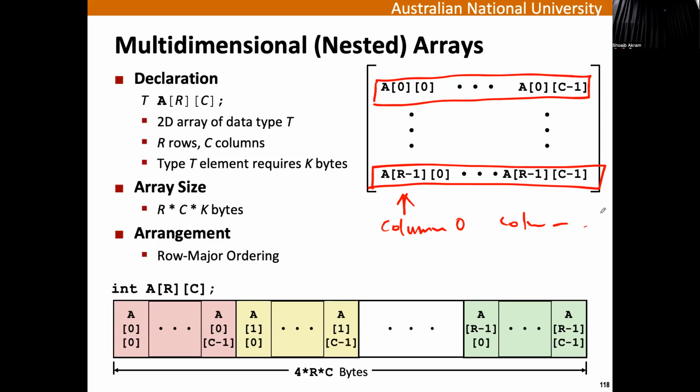Now, what is a different way of storing a two-dimensional array or a matrix? What else can we do? So this is row major. Row major means different rows come contiguously after each other.